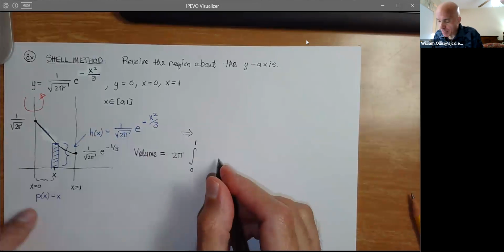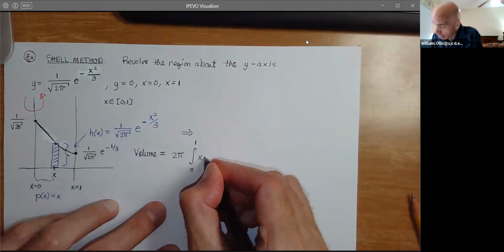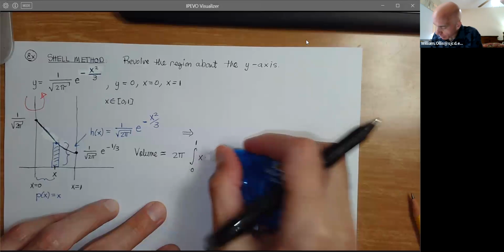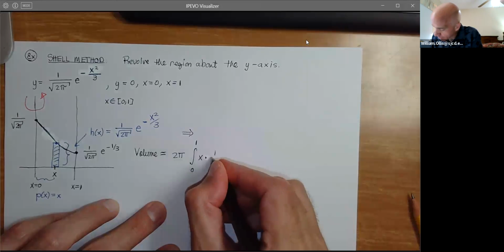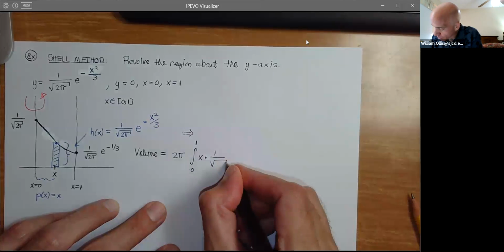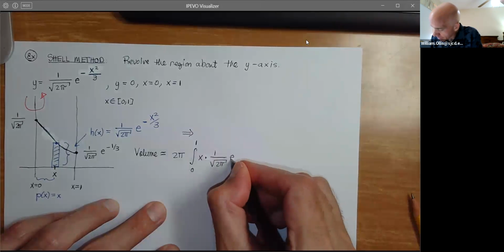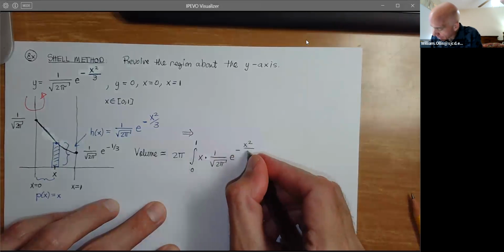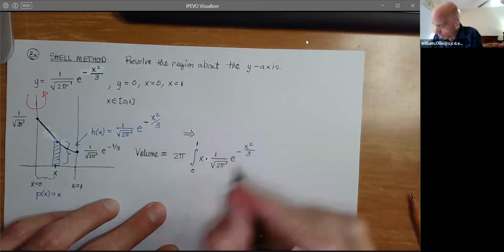The distance to the axis of revolution is x, and then we have to remember our friend here, 1 over the square root of 2 pi e to the negative x squared divided by 3.